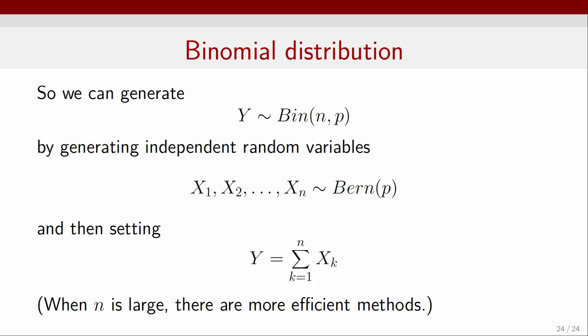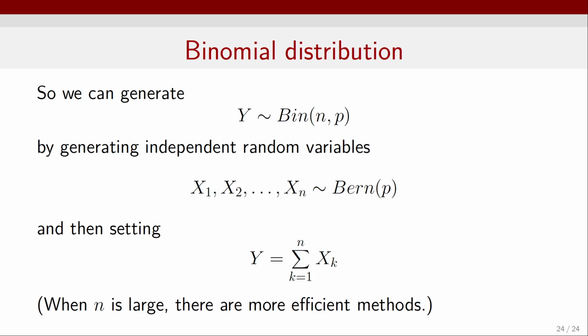That means we can generate a y that's binomially distributed with parameters n and p by generating independent random variables x1, x2, and so on up to some number xn, where each of those is Bernoulli distributed with parameter p.